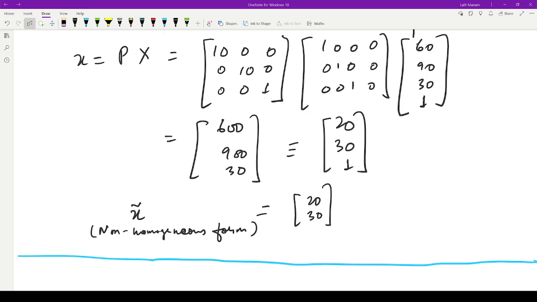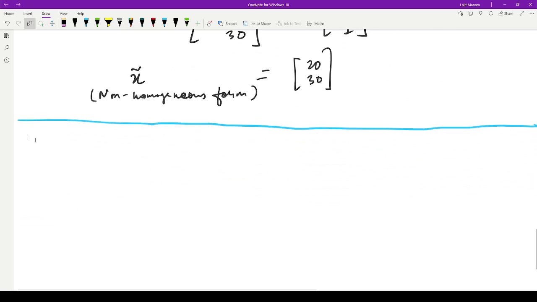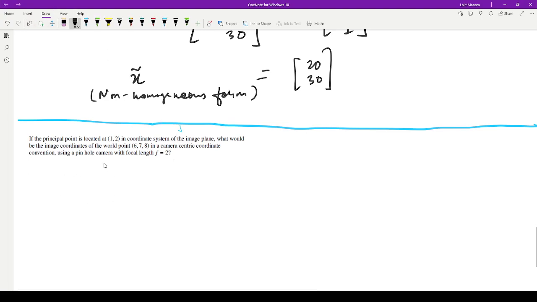Okay, so we'll do another related question on this projection matrix. Our next question is, if the principal point is located at 1 comma 2, which means our px is 1, py is 2, what would be the image coordinates of the world point?